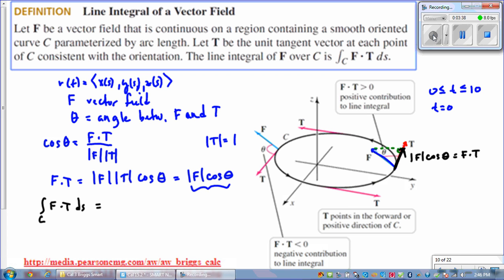So this would be equivalent to the integral of the magnitude of f times cosine of theta. Okay, so what we're trying to find is the line integral of the vector field f in the tangential direction. And it's denoted by the integral of f dot t ds over the curve C.